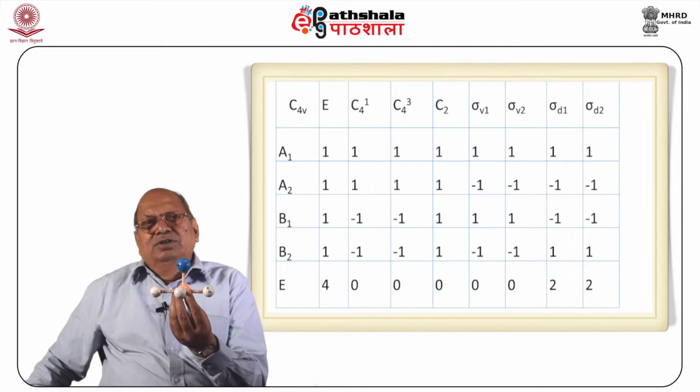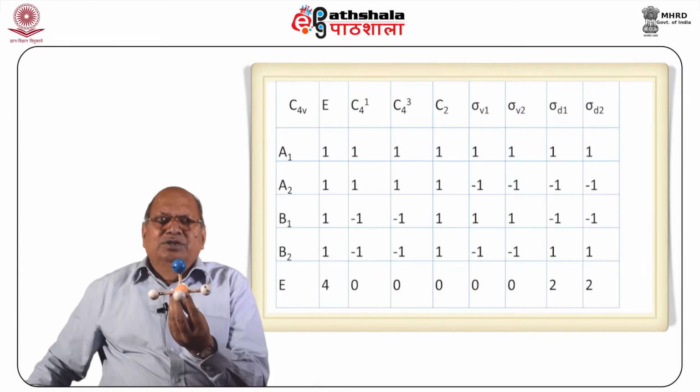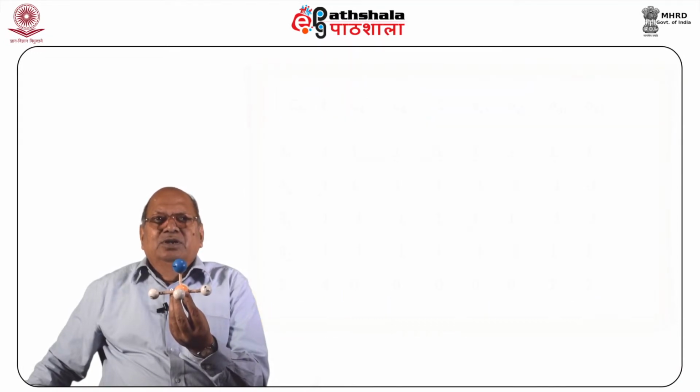That is, I will go on to the effect of symmetry operations on the s orbitals on chlorine atoms, and the symmetry operations are corresponding to the C4V point group.